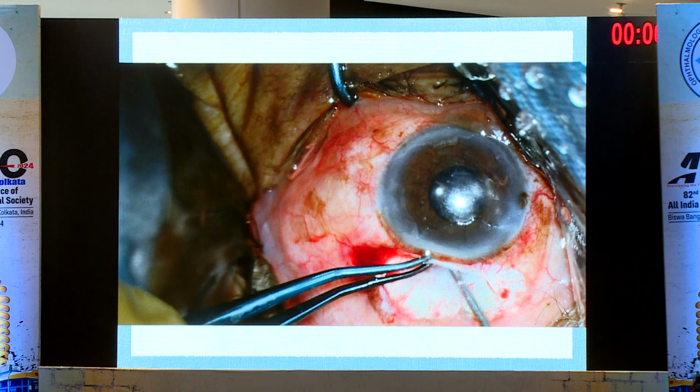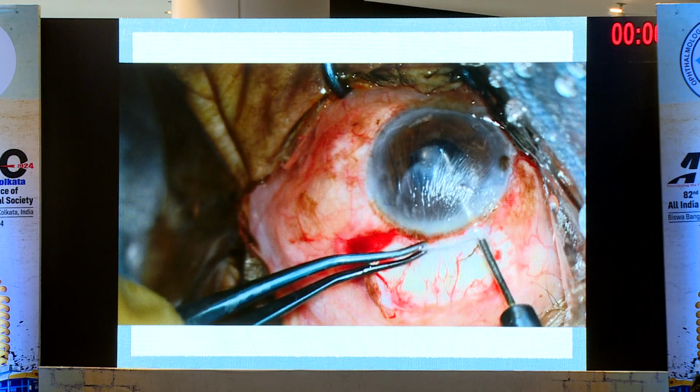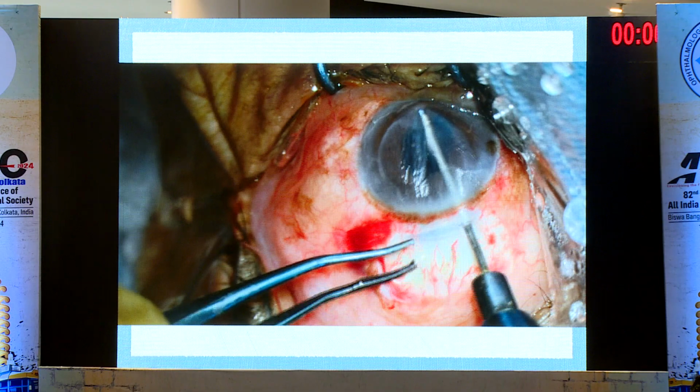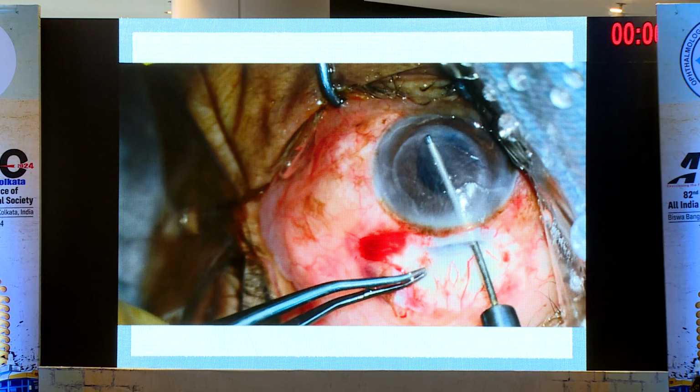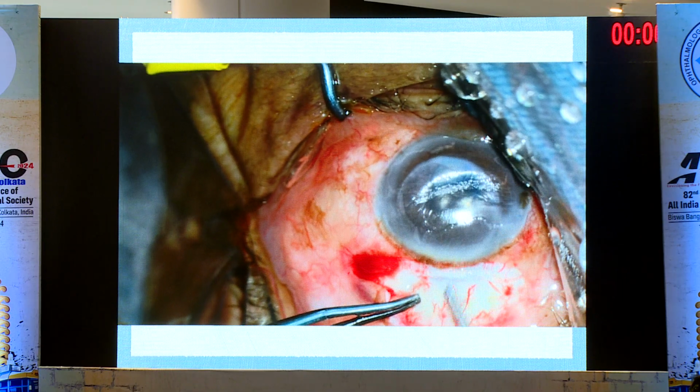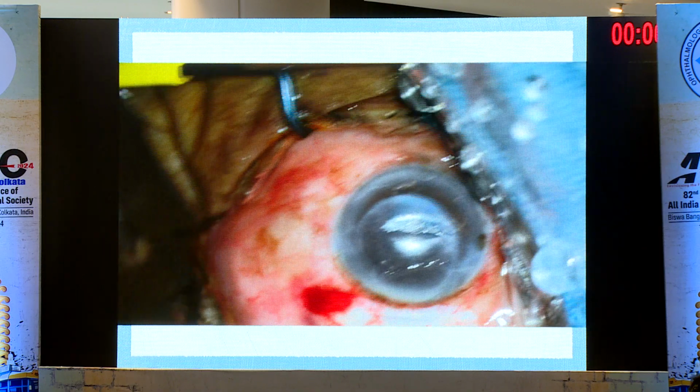And then finally, after you've implanted the lens, you put in your DSEK graft. In this instance, I'm pulling it in with the forceps, but from the same side. So it's like a push-in DSEK.